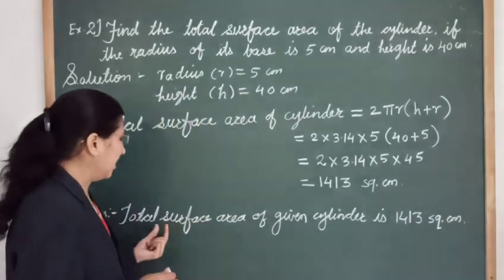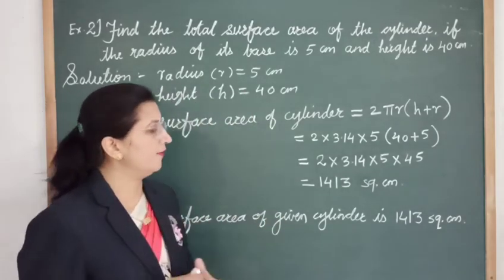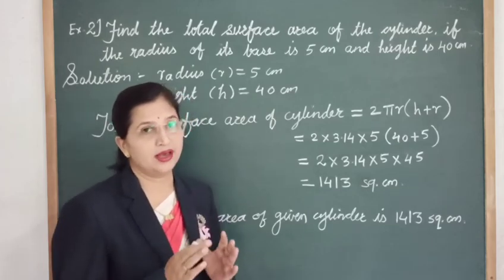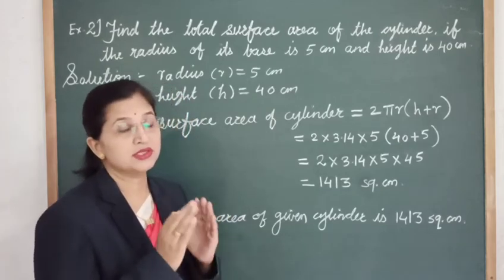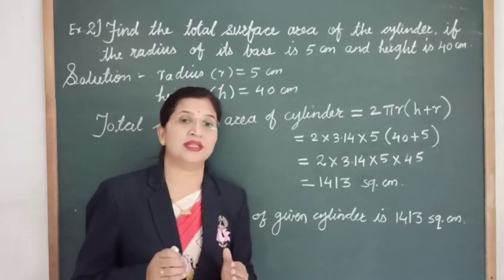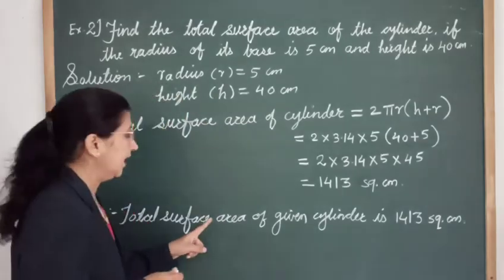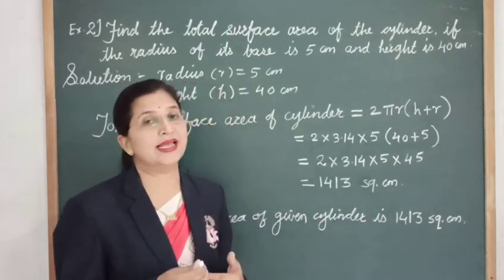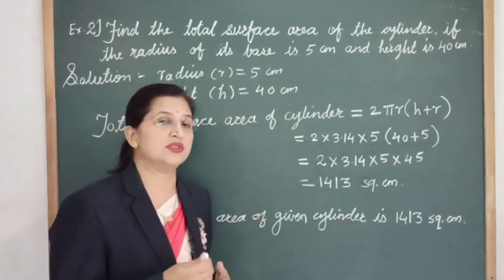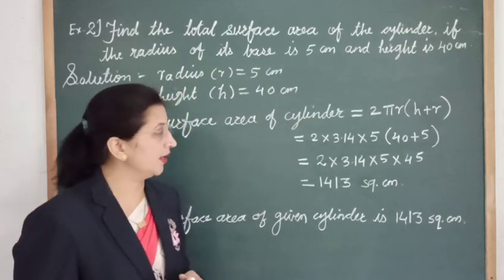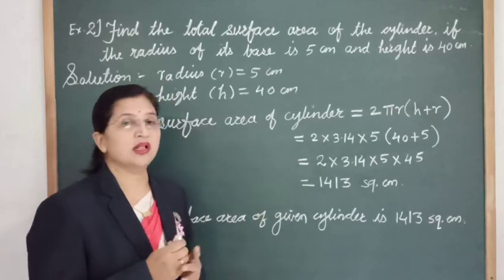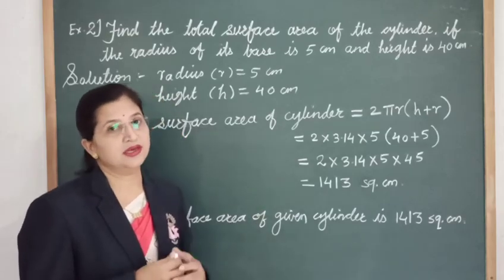So the total surface area of the given cylinder is 1413 square centimeter. Dear students, be careful while giving the unit. As it is area, we have to use square centimeter. In the previous question there was volume, that's why we used cubic centimeter. I hope it's clear to you how to solve the examples by using the formula.